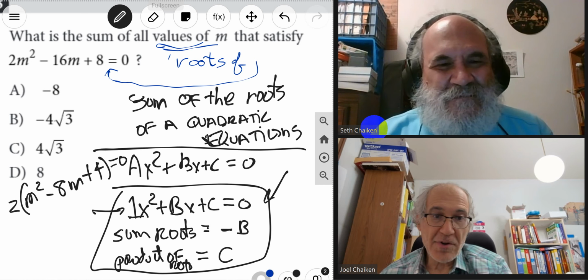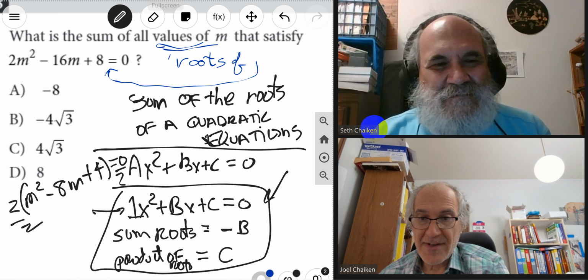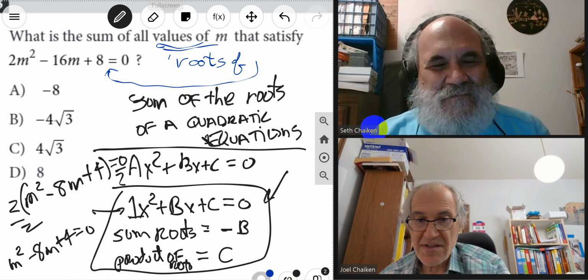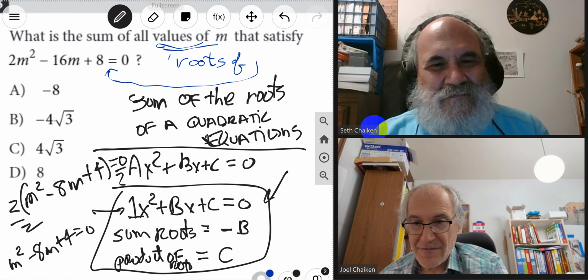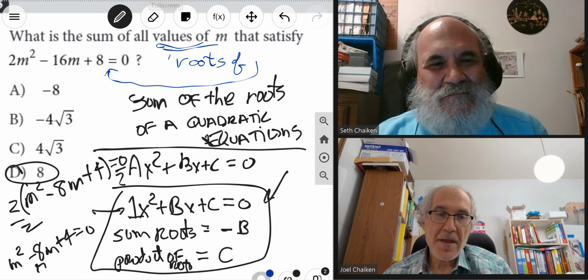You divide everything by 2, because 0 divided by 2 is 0, and now you're left with m squared minus 8m plus 4 is equal to 0. And then you see the sum of the roots is negative b. b is negative 8, which means the sum of the roots is 8.